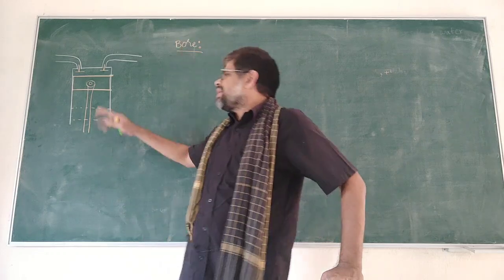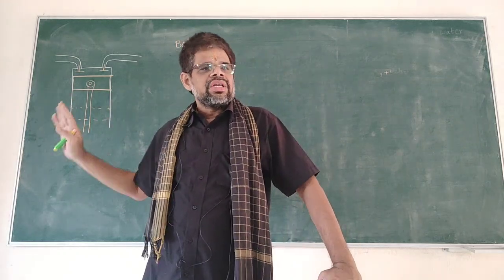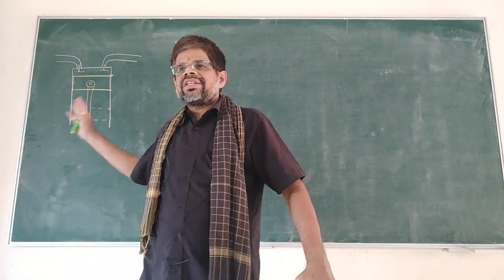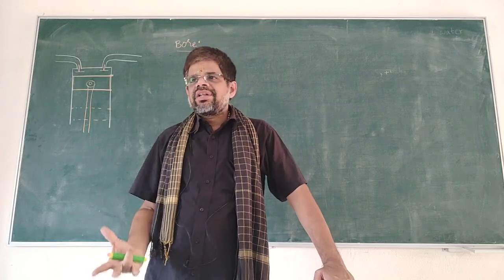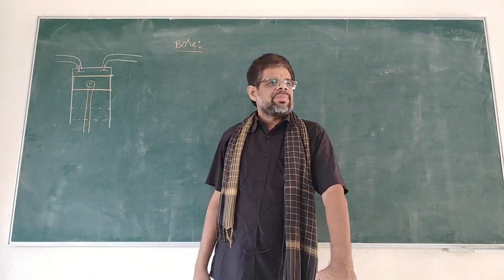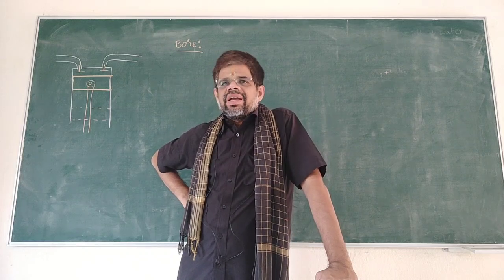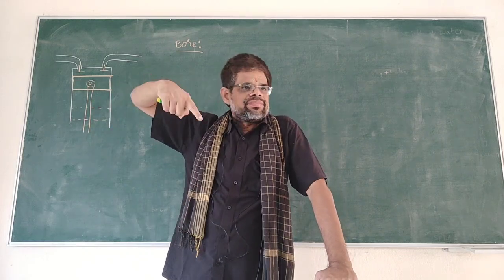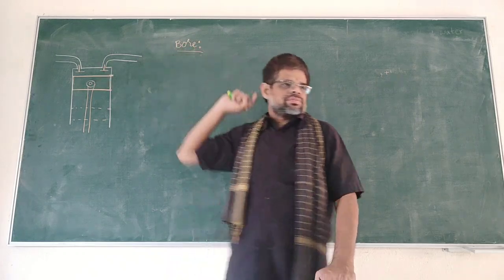So here also it represents the hole which is made in the cylinder block. So bore is nothing but the circular cylindrical hole in which the piston reciprocates from top to bottom or bottom to top. Okay, and the diameter of the cylindrical hole is termed as bore.